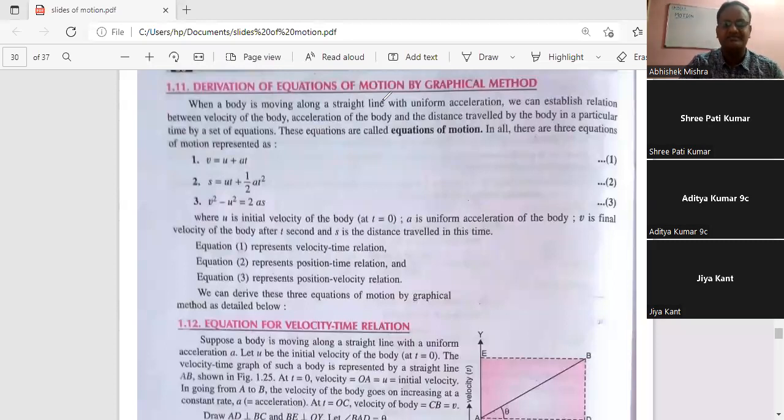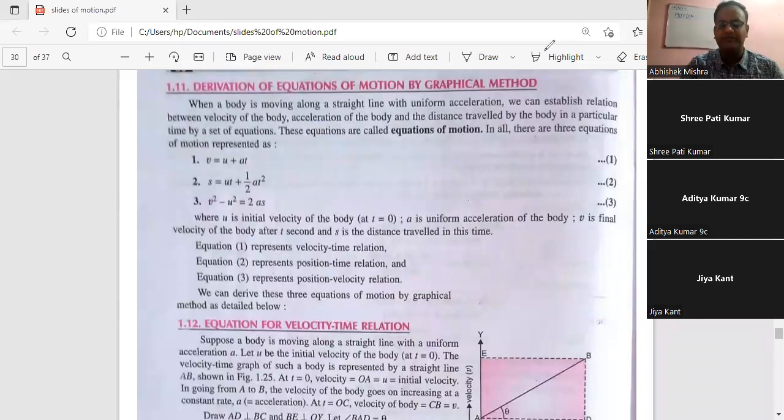Yes, students of 9C, you also respond. Yes, Aditya of 9C, is it clear, Aditya? Through the chat box, you give me the reply. Aditya of 9C, okay. Okay, fine, Aditya, I got the reply.